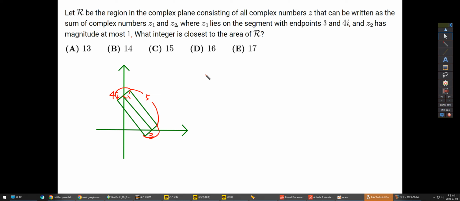So the rectangle's area is 10. And then the circle's area is pi. Yep, so which number is close to the sum of 10 and pi? Can you make the estimation when pi is 3.14?